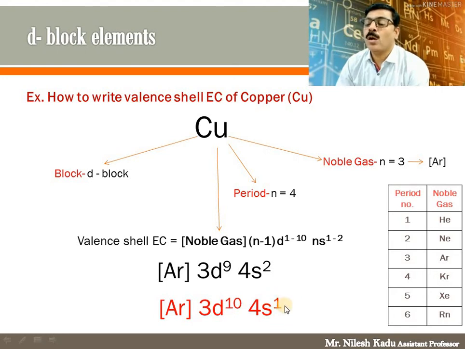Thus the observed valence shell electronic configuration of copper is argon as the noble gas, then 3d10, 4s1. In this way you can write the valence shell electronic configuration of a d block element.